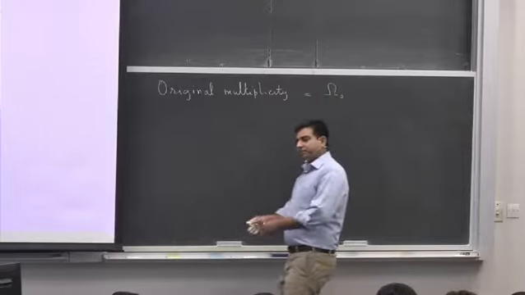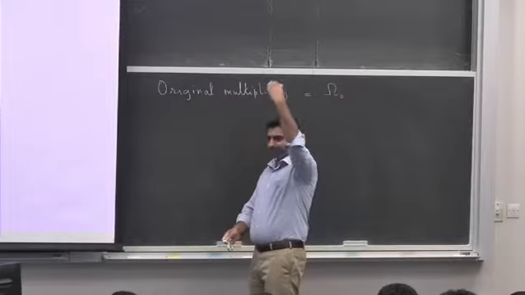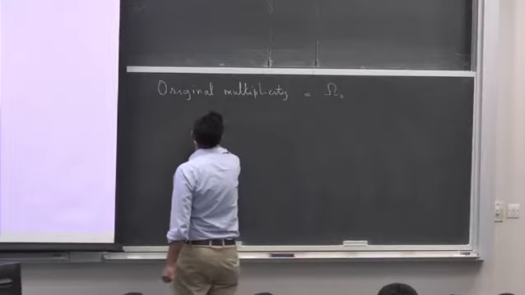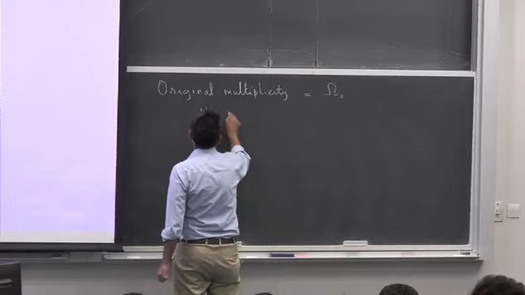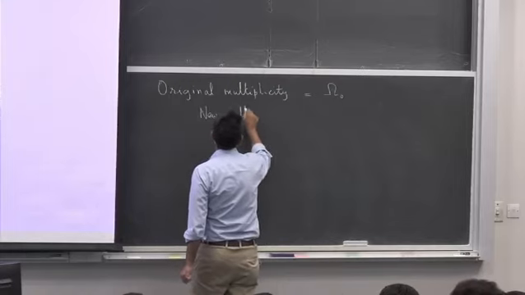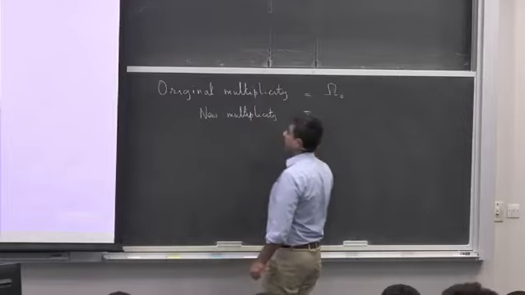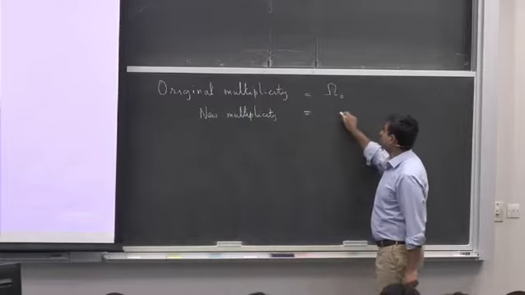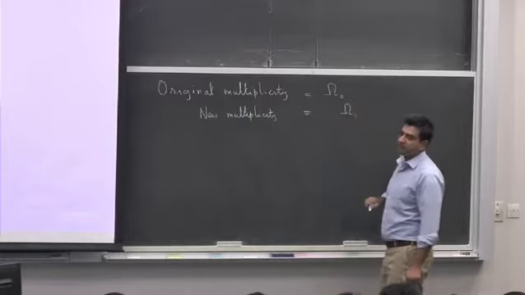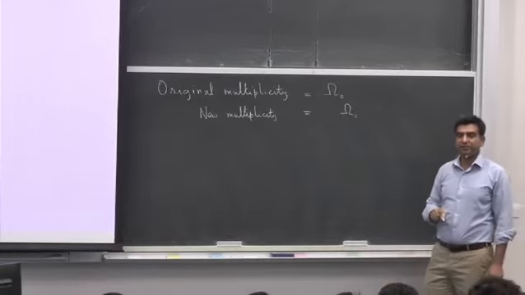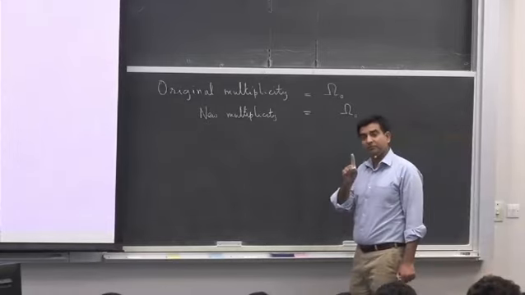Now if I take out the wall, my new multiplicity is going to increase. What's the new multiplicity? It's the original multiplicity multiplied with some number. What's the number that we need to multiply it with? 2.